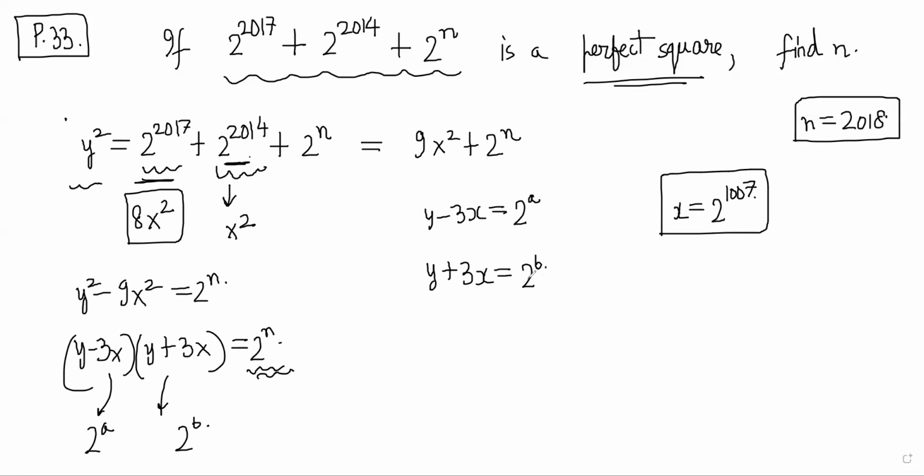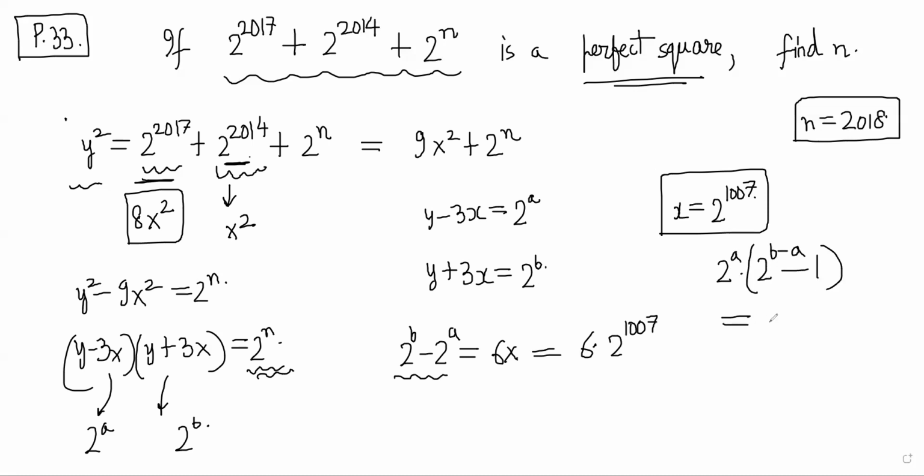Correct? So you can easily subtract and see 2 power b minus 2 power a would be equal to 6x. So 6 into 2 to the power 1007 is 2 power a times (2 power b minus a minus 1). So we take 2 power a common, and you get 2 power a (2 power b minus a minus 1) is equal to 2 power 1008 into 3, right?